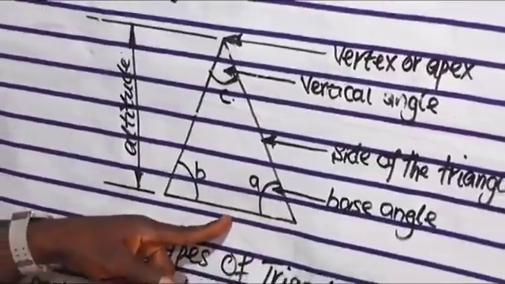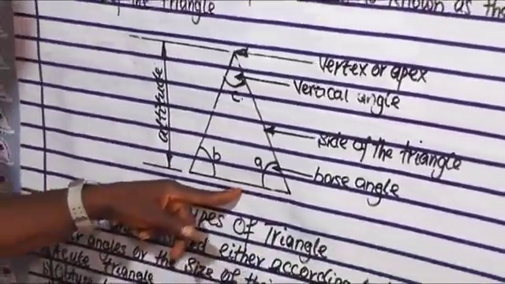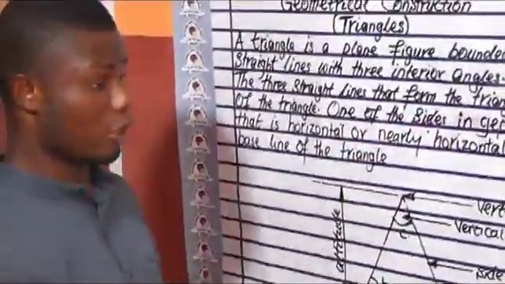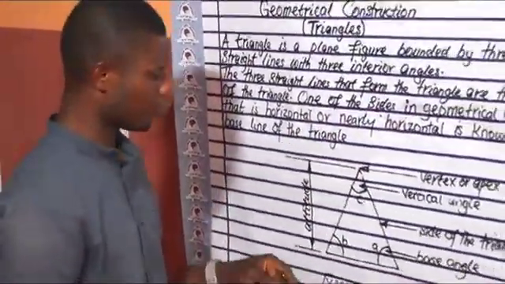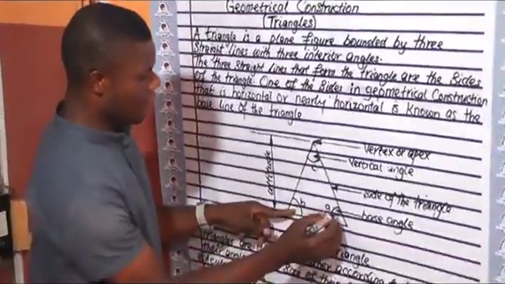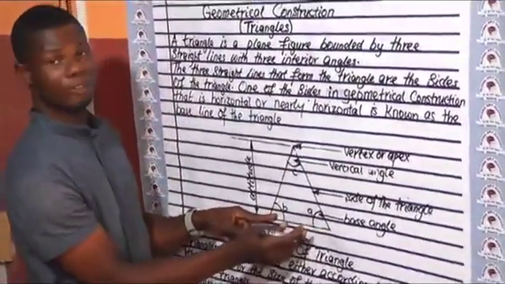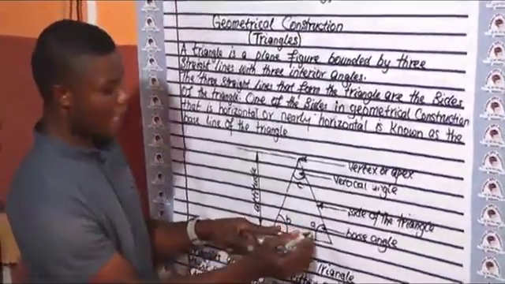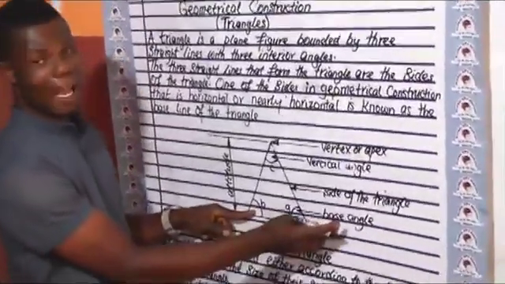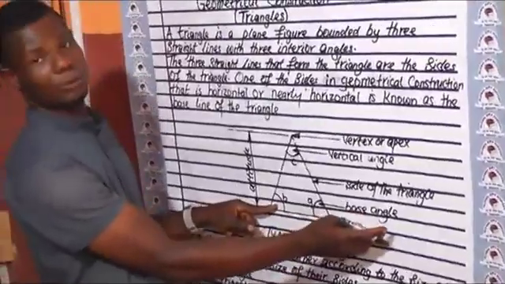It's horizontal or nearly horizontal when we're talking about geometrical construction. If you look at the baseline, you see that you have two angles connected to it. These two angles, A and B, are known as the base angles.